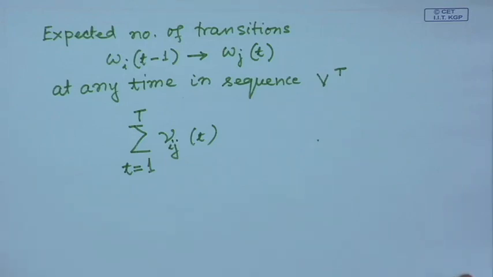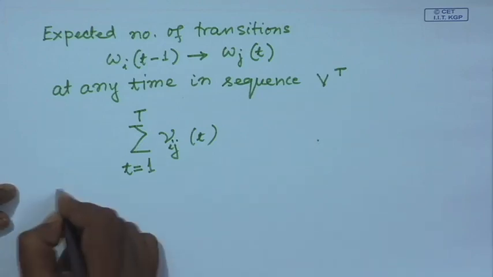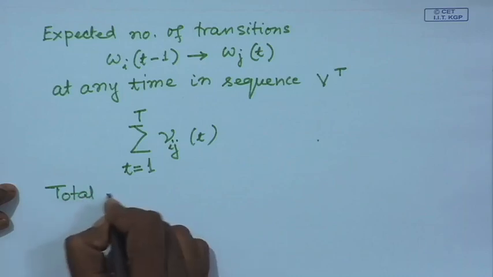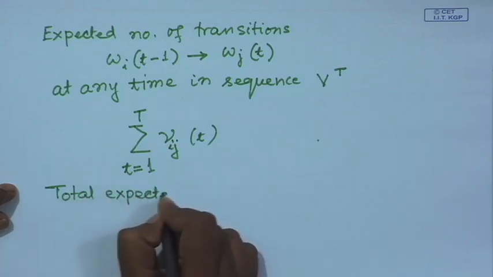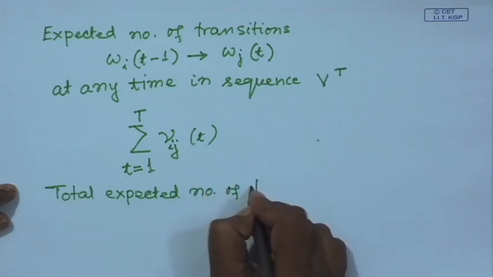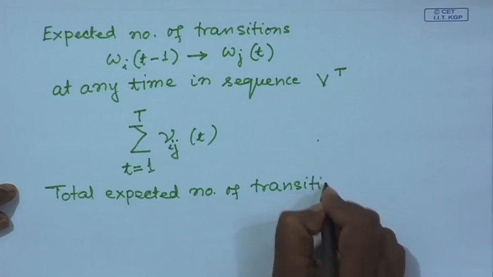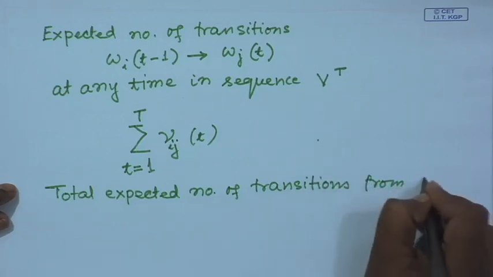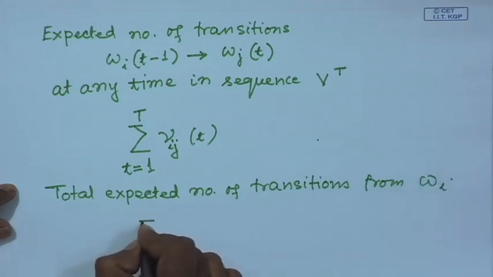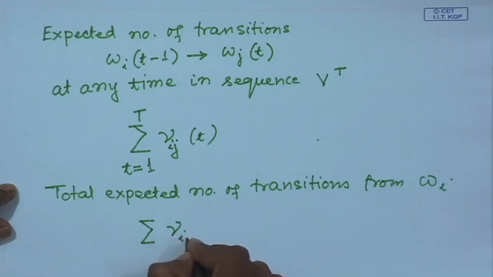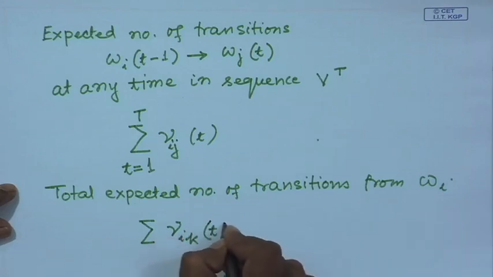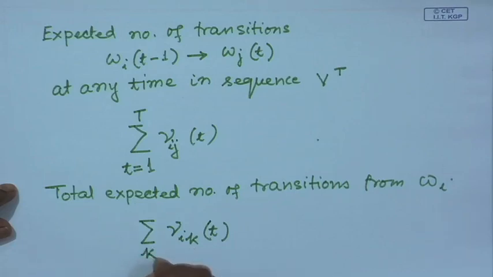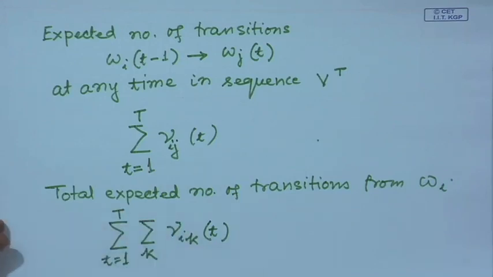And the total expected number of transitions from state omega i will be given by the sum of gamma i k t, where I have to take the summation over the index k, and this whole thing has to be summed again over t equal to 1 to capital T. So, you find that I have two quantities.